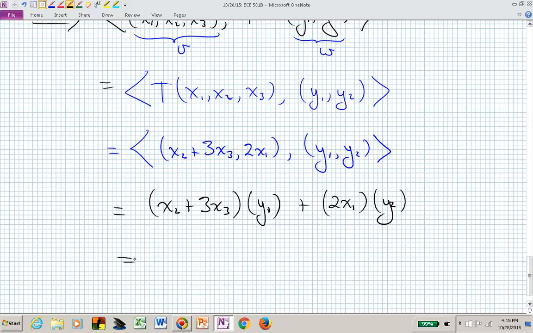Or if we push that all the way through, we have x sub 2 y1 plus 3x sub 3 y1 plus 2x1 y2.